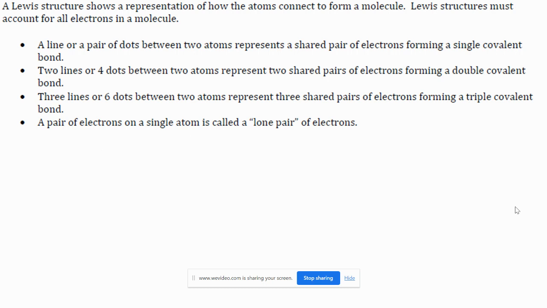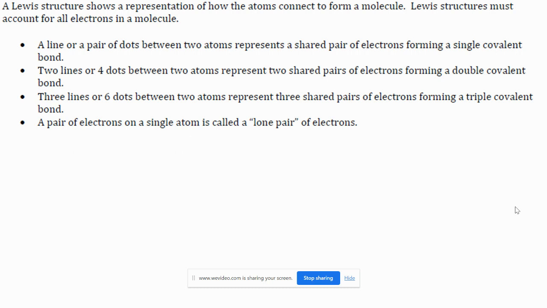All right, Lewis structure. We are going to represent atoms. They're going to connect to a molecule. In the Lewis structure, you're essentially looking at your valence electrons. You're ignoring all the inner electrons and just looking at valence. Remember how to figure out valence electrons. S column, first column is 1, second column is 2 valence electrons. Skip the D block, it's just a hot mess.